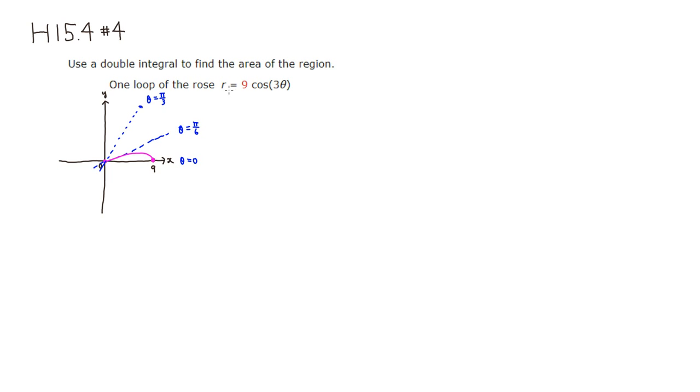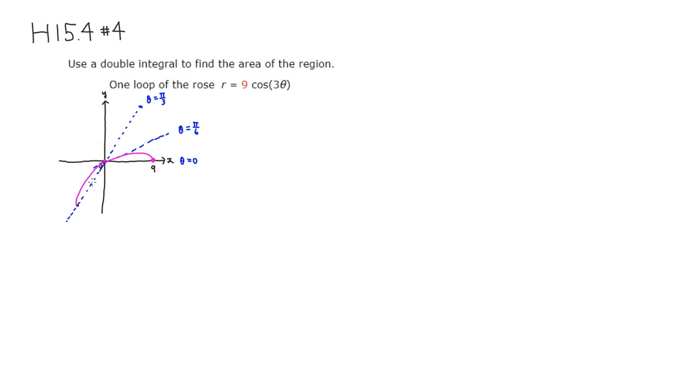So you're going to get -9 along here, so you go in the negative direction. It's going to go this way and hit 9 here. The distance from here to there is going to be 9.